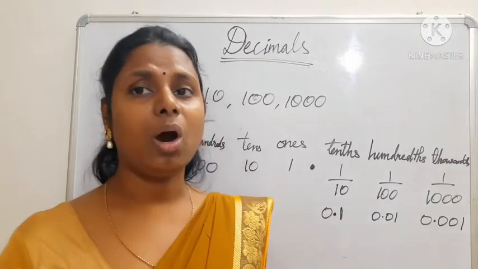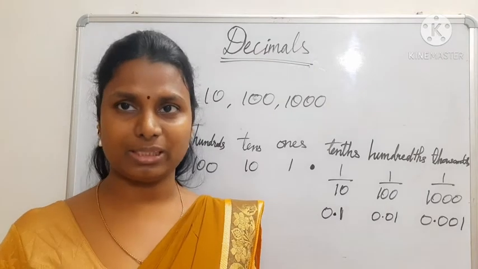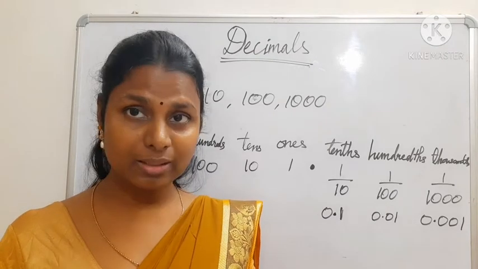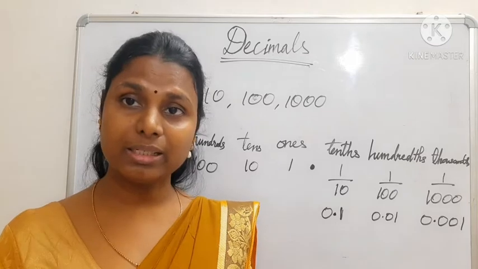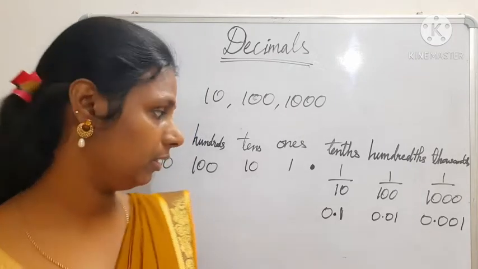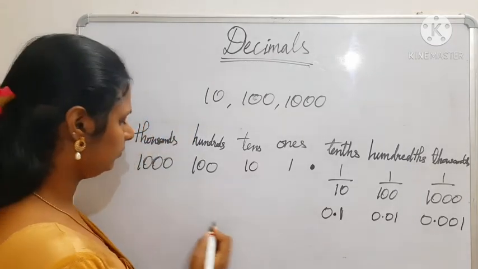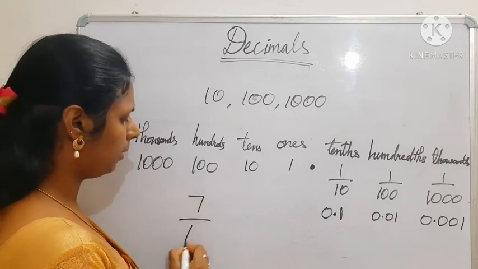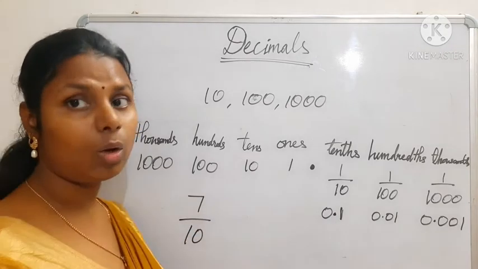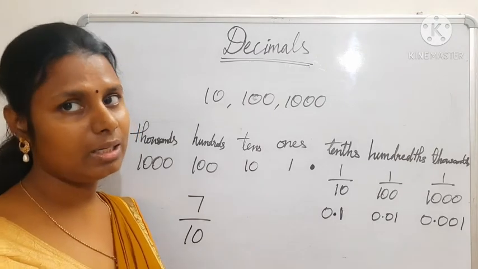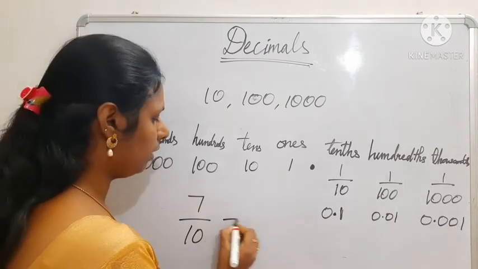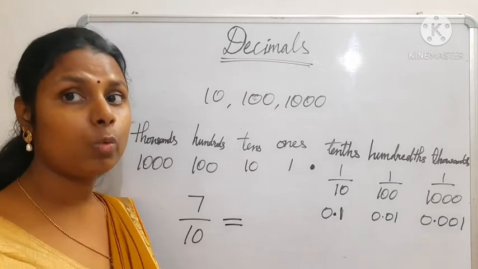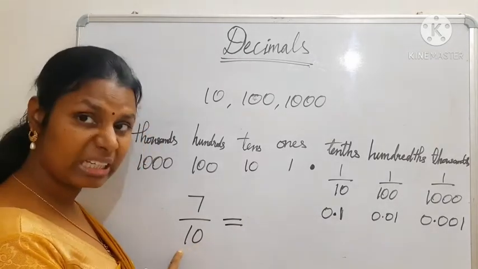Now, how to read the decimals? How to read and write the decimals, you have to learn. For example, if I am giving 7 by 10, now we have to write it in decimals. When we write in decimals, we see that it is 10, tenths.